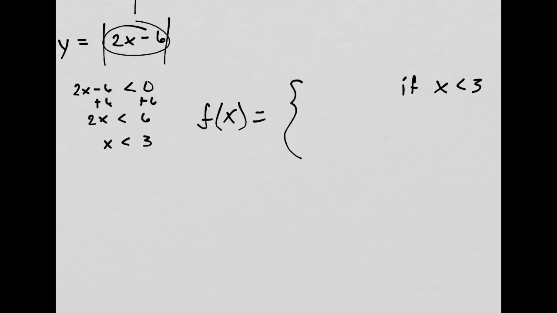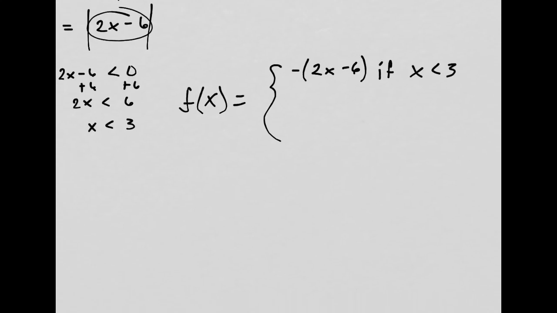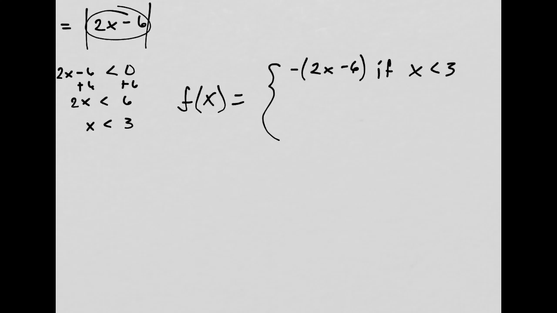So instead of using absolute values, I'm going to use parentheses and a negative. We've done this before. So this is doing the exact same thing as the absolute value is doing, right? And I know that this inside part is going to be negative because I'm telling the function to only use this when x is lower than 3.